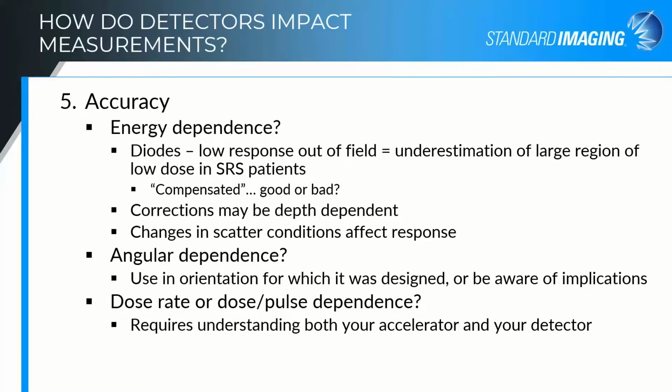But it does affect the standard linear accelerator measurements as well. It requires an understanding, of course, of both your accelerator, how it produces those higher dose rates, is it just more pulses, or is it higher pulses, and your detector, what sort of dependency does it have?